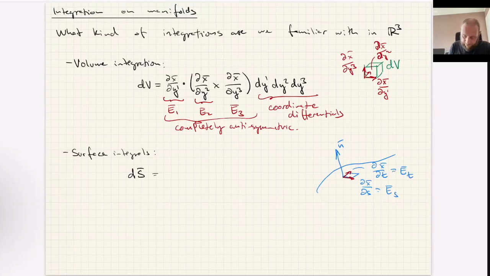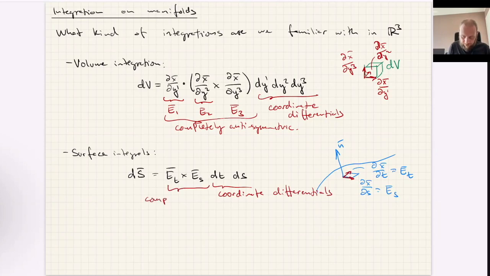Then dS is e_t cross e_s dt ds. And again, what we see here is that we have some coordinate differentials and then we have something completely antisymmetric.